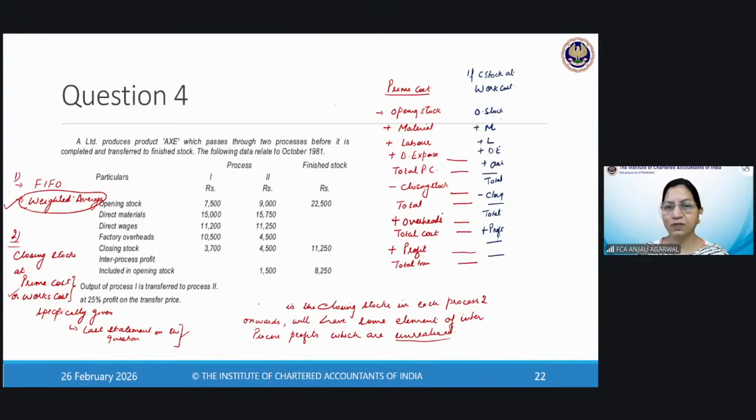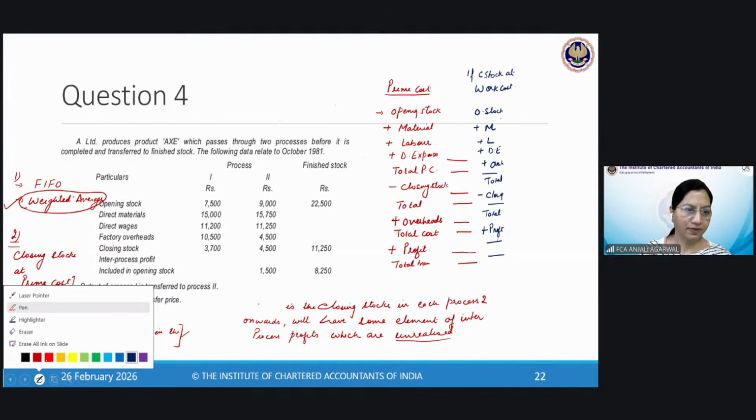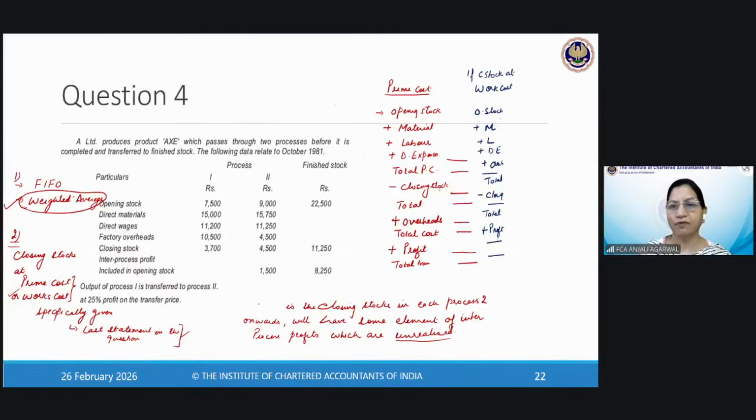So the most important difference is, if it is valued at prime cost, you first subtract the closing stock and then comes overheads. So the order is minus closing stock, plus overheads. However, if it is valued at works cost, the order is plus overheads, then minus closing stock.